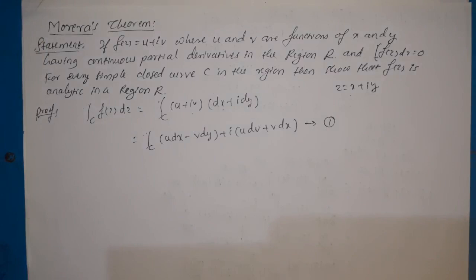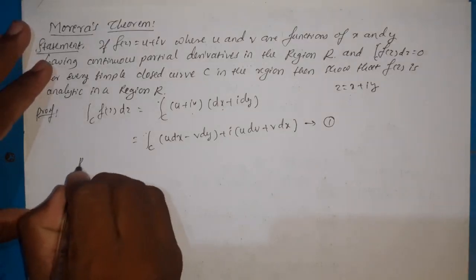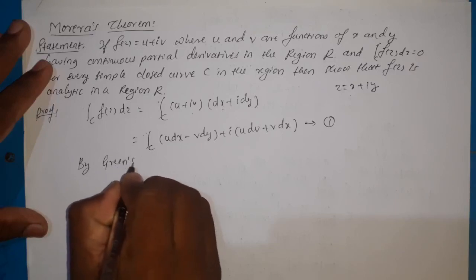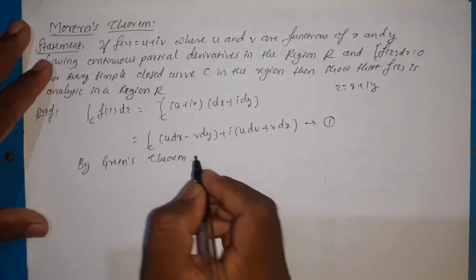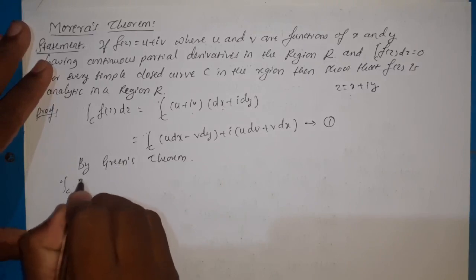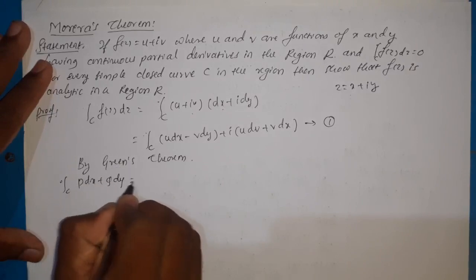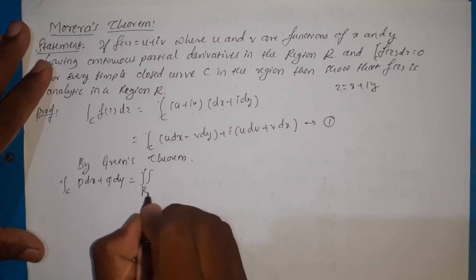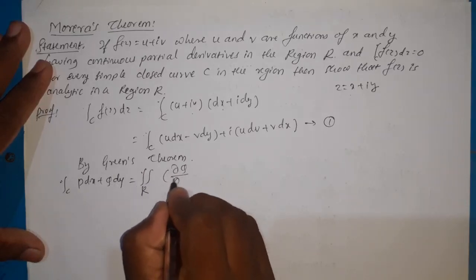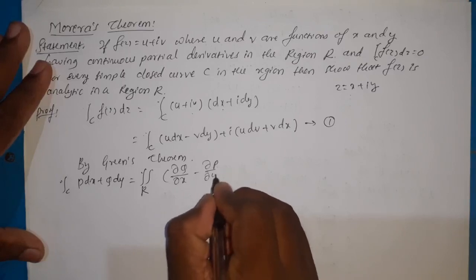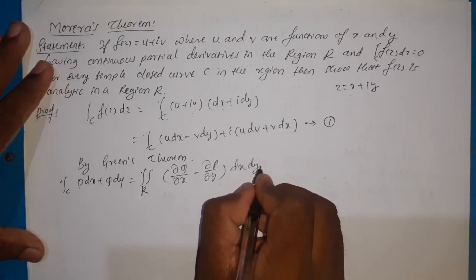And already we know the statement of Green's theorem, because we have already used that while proving Cauchy's theorem. So here by Green's theorem, integration over C p dx plus q dy is equal to double integration over R of dou q by dou x minus dou p by dou y into dx dy.